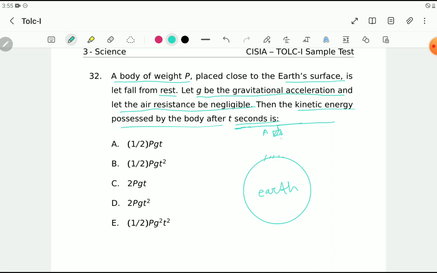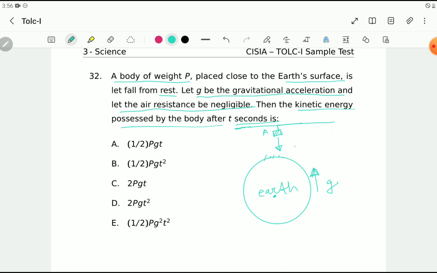Now if this object is let go, then because of gravitational force, we know that the center of the earth has a gravitational force, and that gravitational acceleration is g. Because of this g value, this object will tend to come down, it will travel toward the surface.